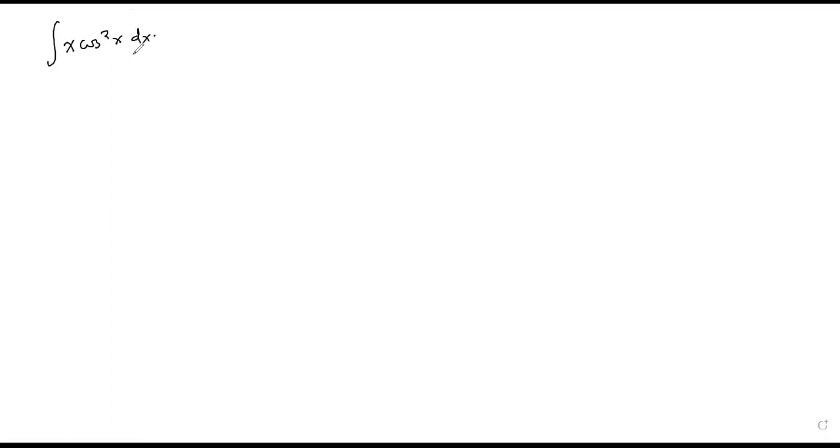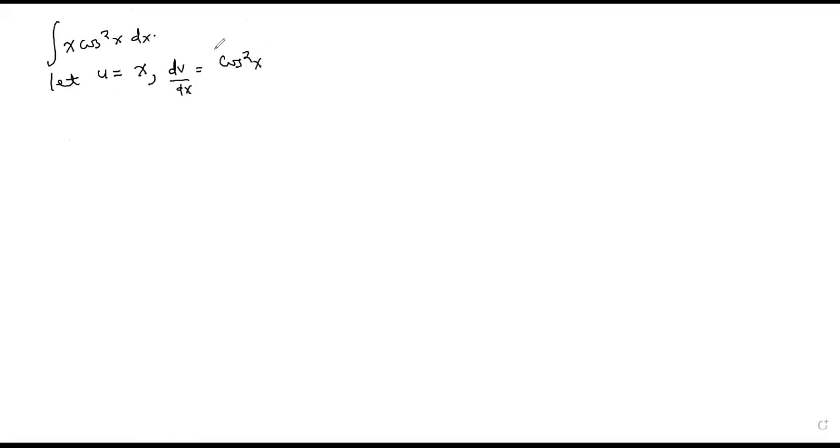If you're having this, of course, we shall let our u be equal to what? What would be our u? x. Then our dv dx is going to be equal to cos squared x.